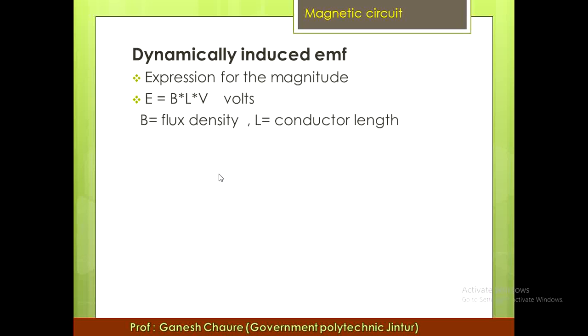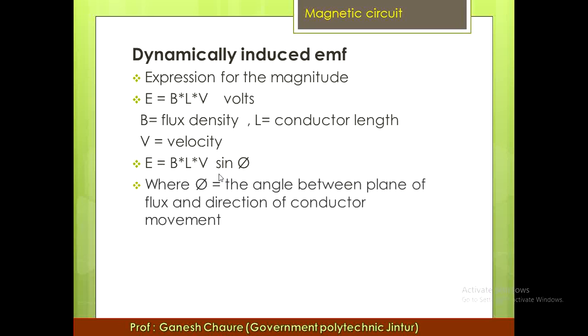The EMF induced in that coil is mathematically expressed as E equals BLV volts. Here B is the flux density, L is the length of the conductor, and V is the velocity. We can also write the expression E equals BLV sin phi, where phi is the angle between the plane of the flux and the direction of the conductor movement.